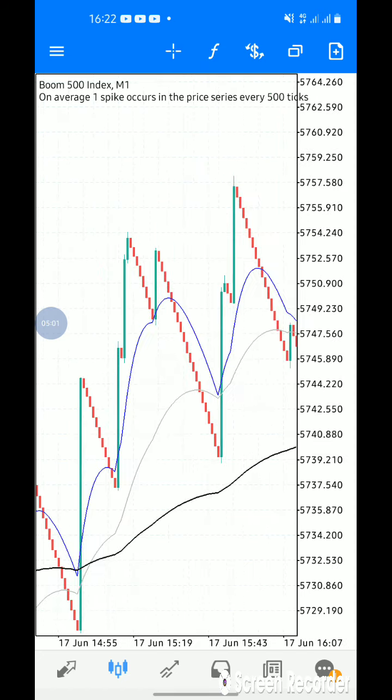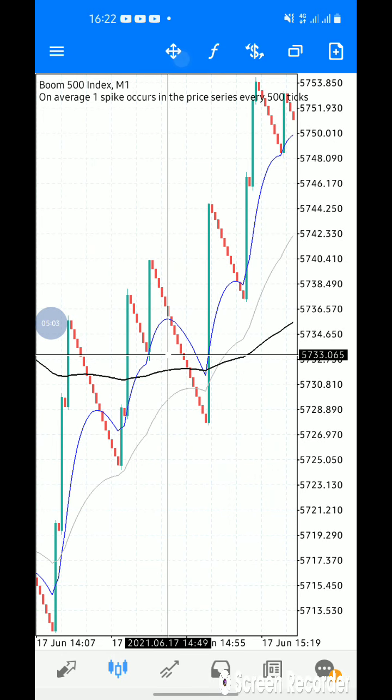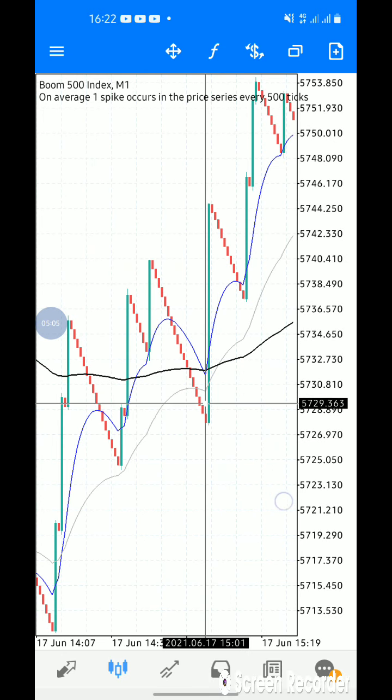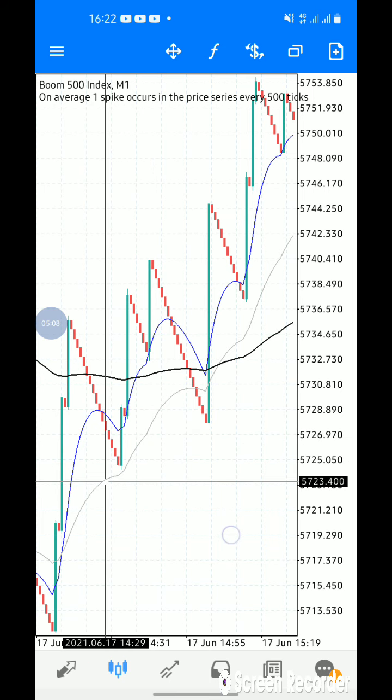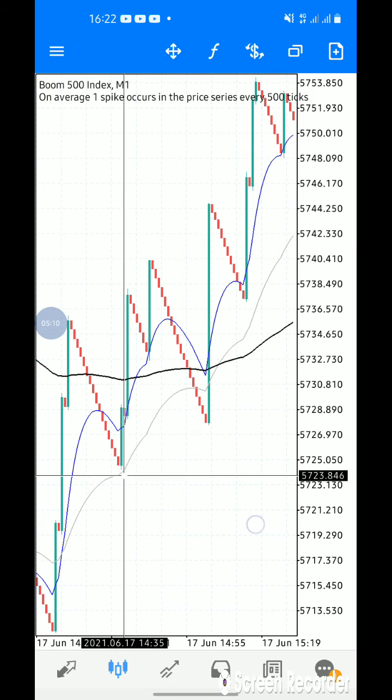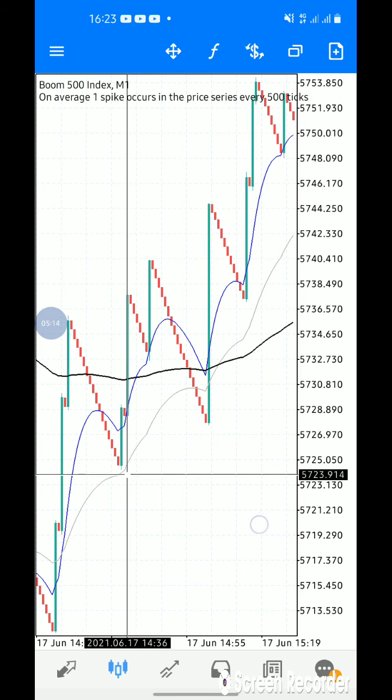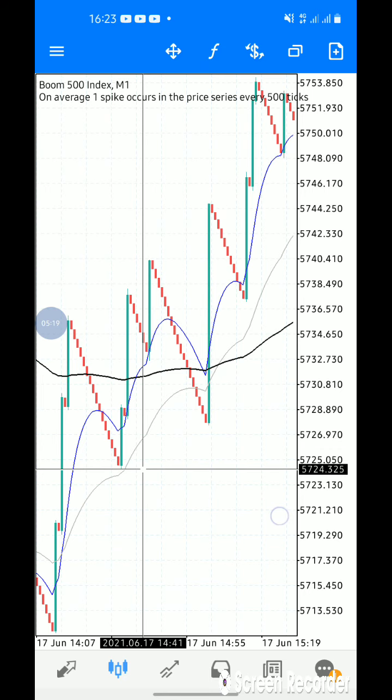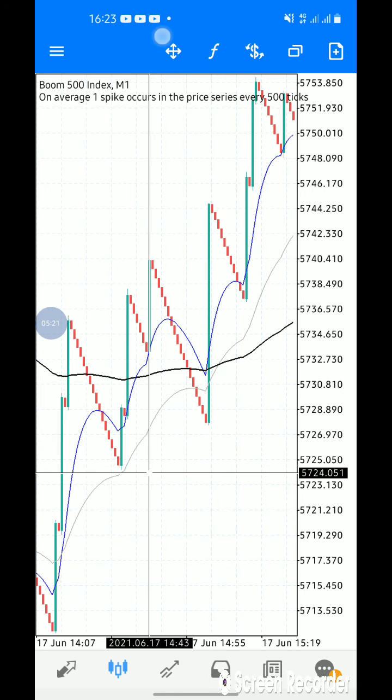So just by observing these lines, you can know in most cases. But for security purposes, I don't suggest people go beyond the gray line, because this indicates that in most cases the spike formation has failed.